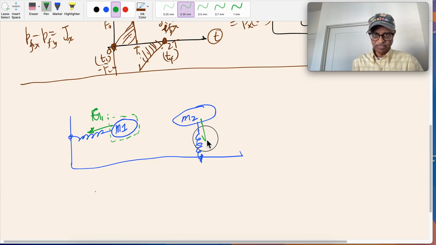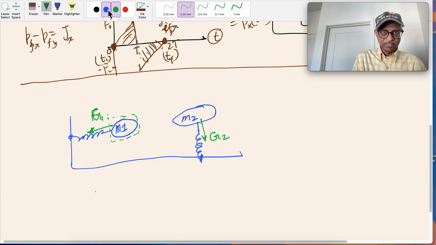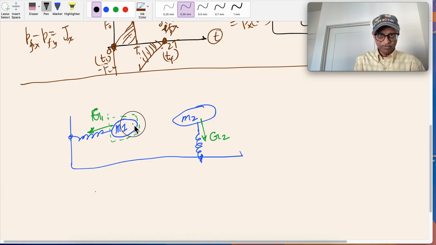And there's a force on this one, I'm going to call it G2, and then there's a force between them along the line connecting them, the force on 1 by 2, and then the third law says there should be a force on 2 by 1.